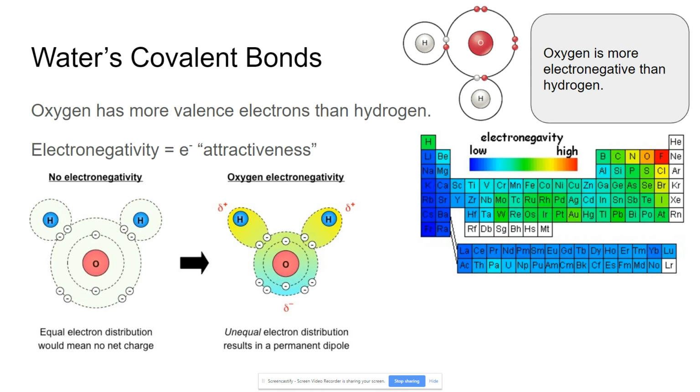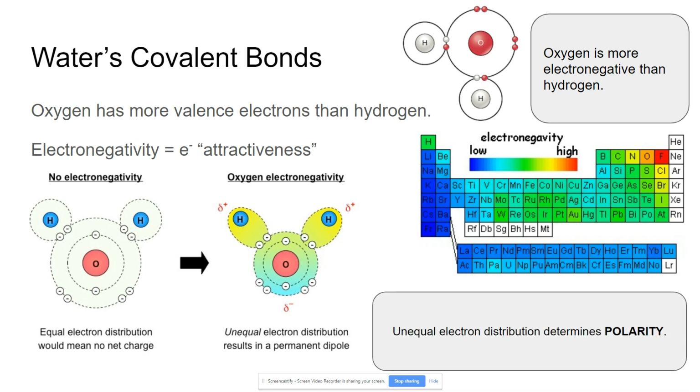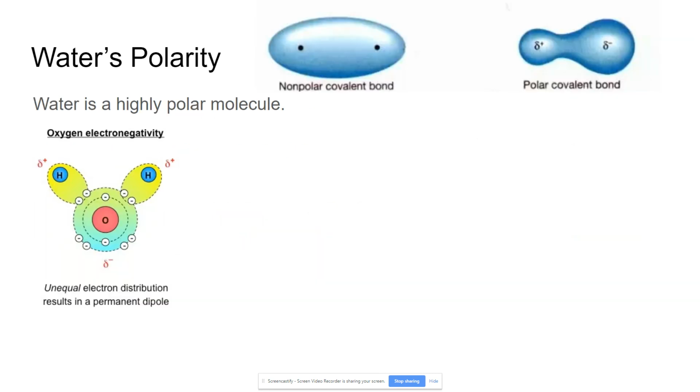Because as a reminder, electrons are negatively charged. And so this unequal distribution of electrons determines a property known as polarity. And so water being in a covalent bond with a highly electronegative element like oxygen is a highly polar molecule.